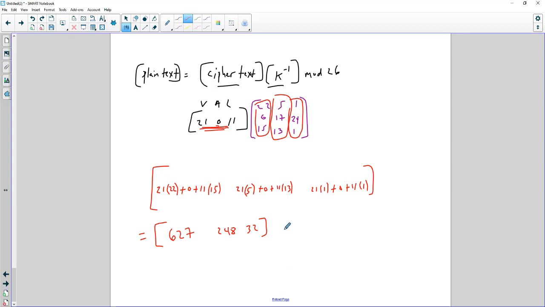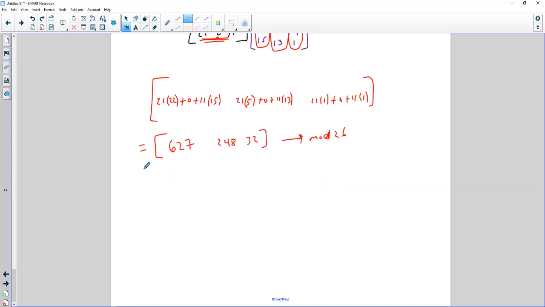And now we have to mod 26. So we have to mod 26 these numbers, and this will give me back my plain text part. Okay, so to do that, if you recall, we're going to use this formula. N is equal to Q times the modulus, which is 26, plus R. Right here, this is my value for N, so it's going to be 627.